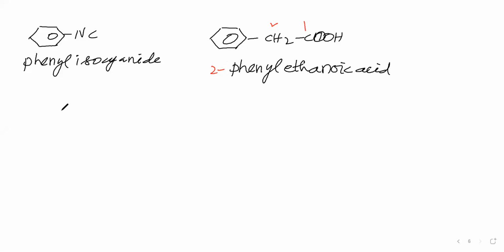Next compound, phenyl ring. Here CH2Cl, here Cl. This we will take. Now this phenyl ring with CH2Cl we can say as benzyl chloride. Then this chlorine we can say as chlorobenzyl chloride.